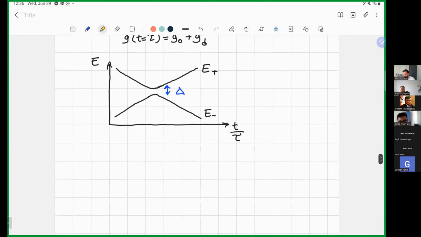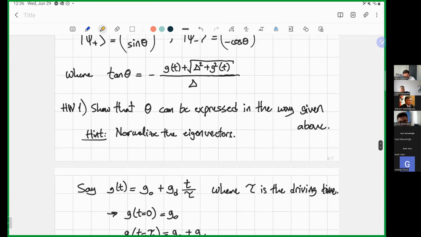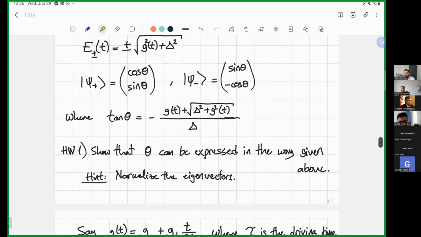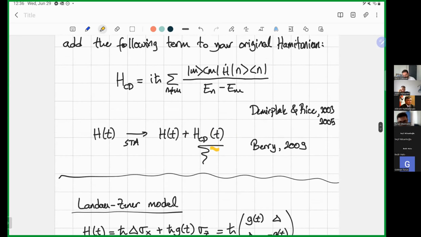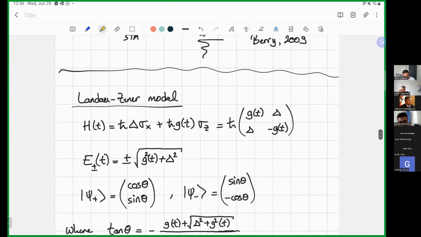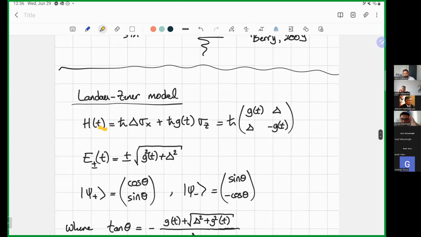Now, maybe this may be the second homework: to find the counter-diabatic Hamiltonian that we need to add. So what should this HCD be for this Hamiltonian H, such that when we add this HCD, we do not have transitions between the energy eigenstates?